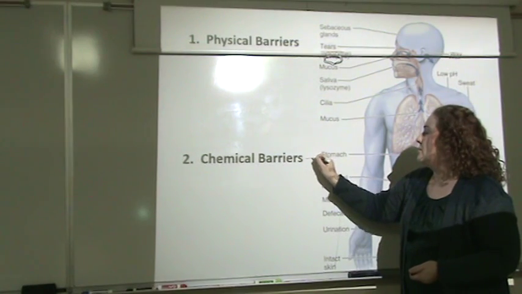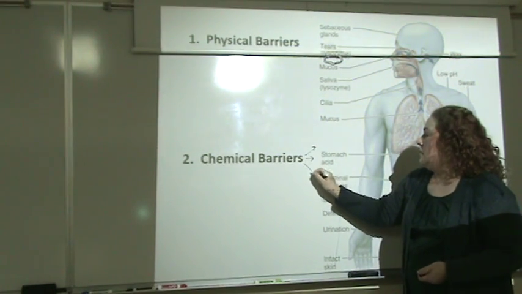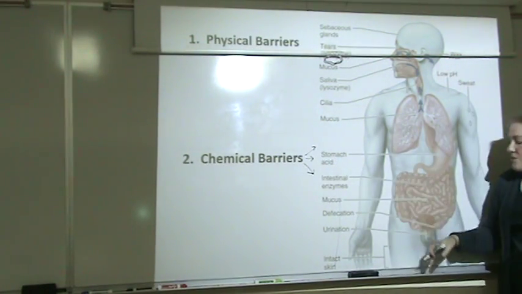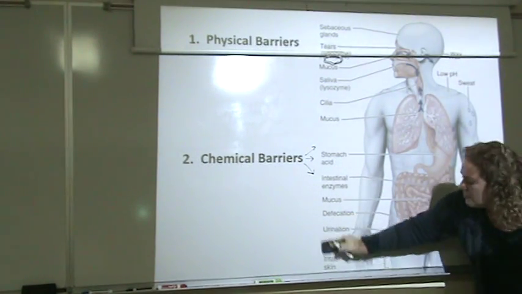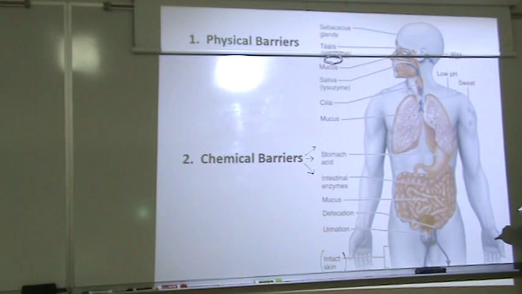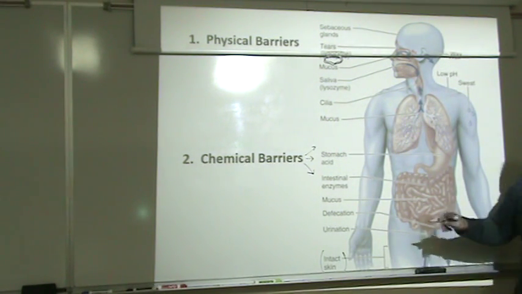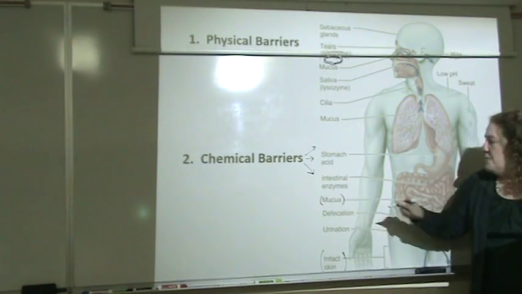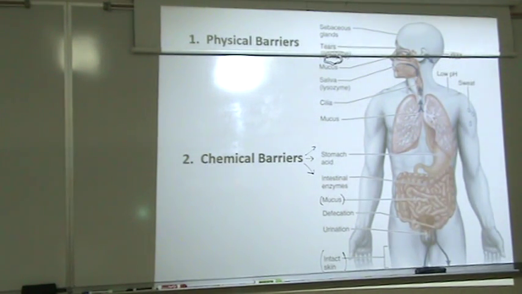So maybe draw a picture or draw arrows to show that this picture is about chemical barriers, except for skin and mucus. All of these others are chemical barriers. So let's start from outside in.